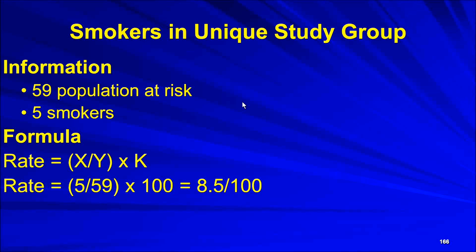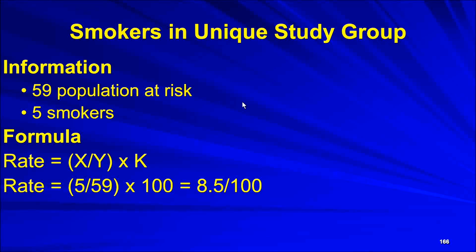I know I talked about fraction, you don't want to fractionate, but this is probably the simplest way to communicate the information. Otherwise, if we went to 1,000, it would be 85 per 1,000, and that just seems too big, too cumbersome for the size of the group. So 8.5 per 100 people smoke. 8.5 people per 100 hypothetical reference group people smoke.